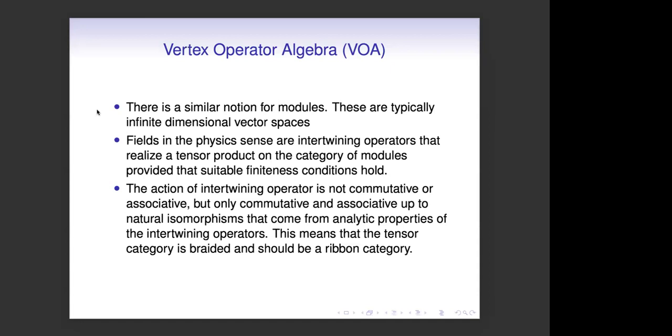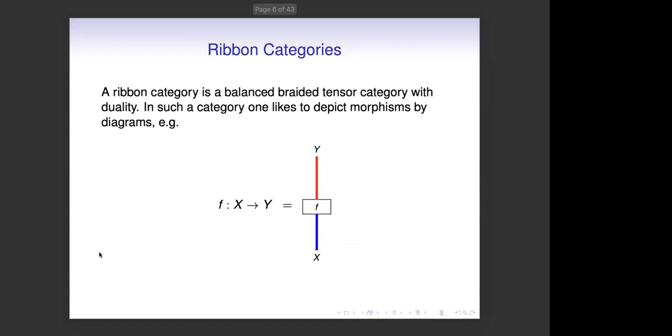In fact, the intertwining operators define a tensor product, but it's only commutative and associative up to natural isomorphism. So you get a nice but non-trivial tensor category, and commutativity up to isomorphism is what we call braided. And it always should be a ribbon category, but that is usually very difficult to show.